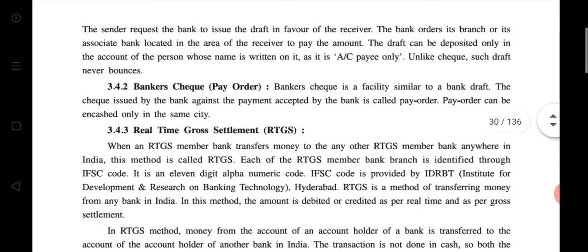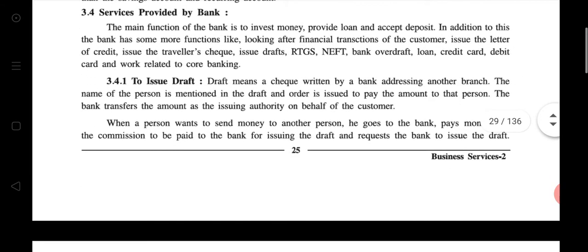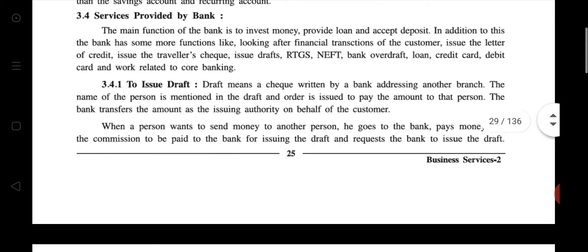Just utilize this time perfectly. Start from the services provided by banks. Okay, start reading. Okay, complete.